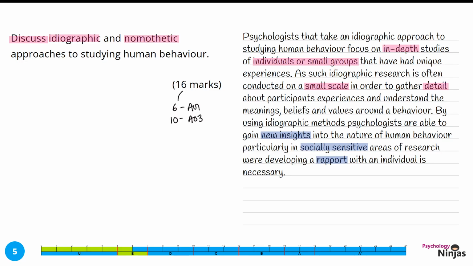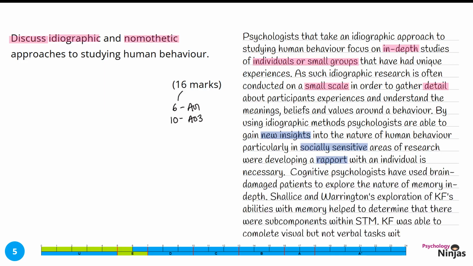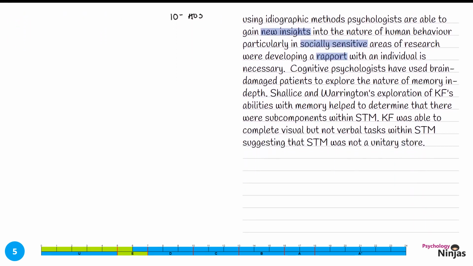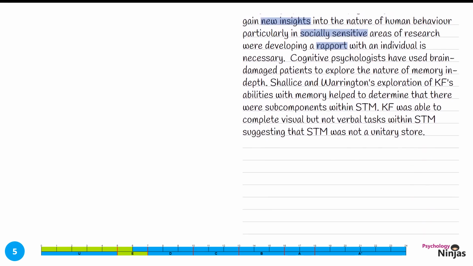We're going to explain this further, showing off our psychological knowledge by identifying particular pieces of research that have used this approach. Cognitive psychologists have used brain damage patients to explore the nature of memory in depth. Shallice and Warrington's exploration of KF's abilities with memory helped to determine that there are subcomponents within short-term memory. KF was able to complete visual but not verbal tasks within short-term memory, suggesting that short-term memory is not a unitary store.